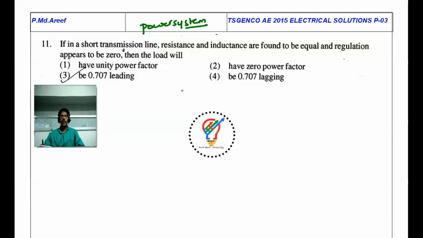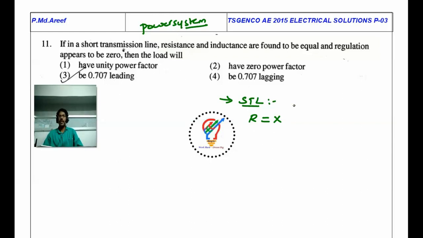So in the given question, they have given a short transmission line in which the resistance is found to be equal to the reactance of the transmission line. So what we need to find is the power factor.